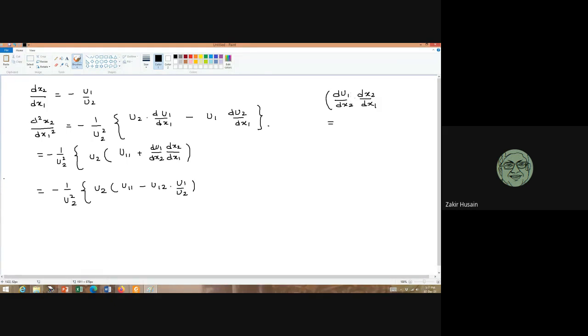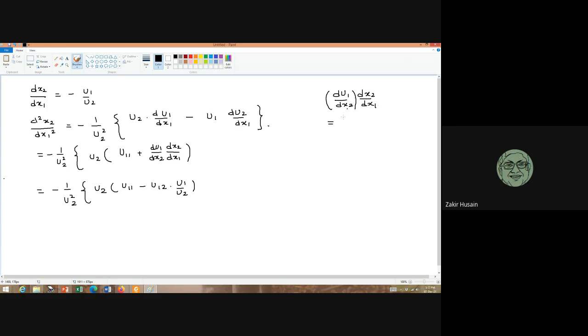Now just separate out. Think of it in this way. This is when x2 changes, what is, how is u1 changing? Oh, sorry, I've made a mistake. It should be ও আমি তো এইটা বলছি, হ্যাঁ ঠিক আছে, this is right.